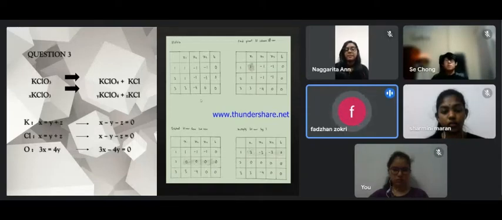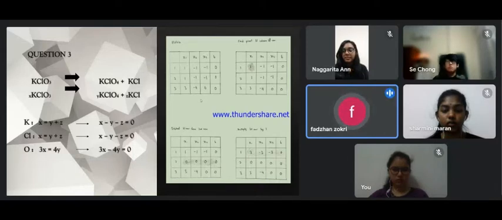So we have three equations here, which is x minus y minus z equal to 0, x minus y minus z equal to 0, and 3x minus 4y equal to 0.